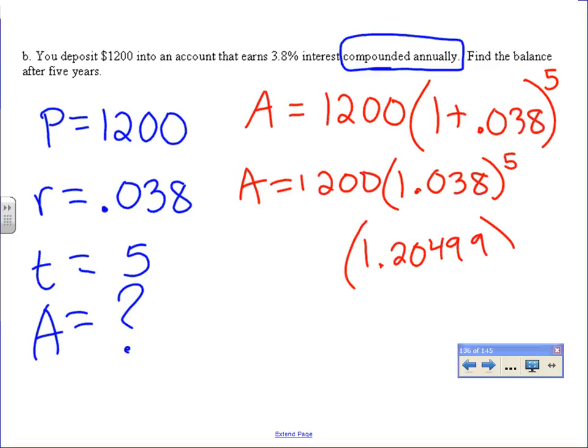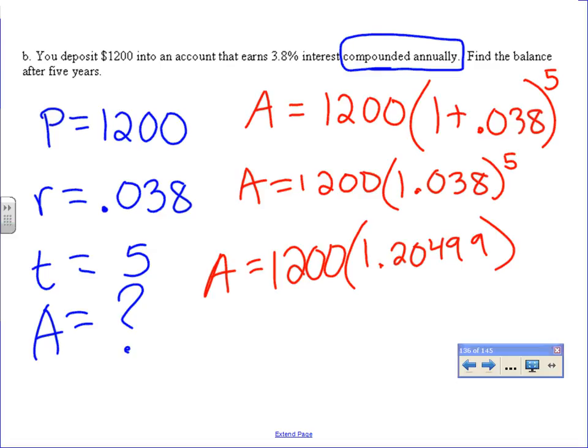Okay, so I'm going to stop with the 99. Put that in parentheses, or leave it on your calculator. 1.20499. And that is still going to be our account balance. So after you added the 1 plus the rate, you then raise it to the 5th power.